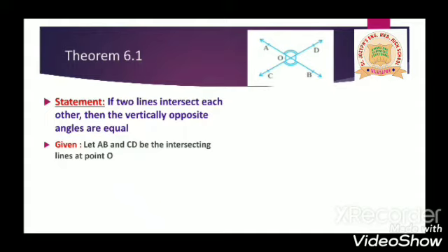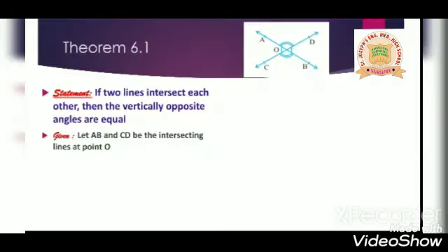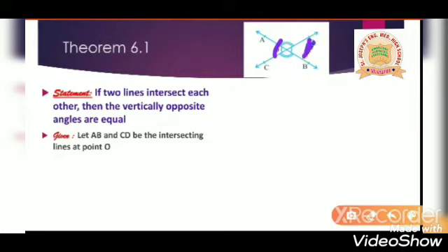So first we are assuming that AB and CD are intersecting lines at point O. If you just see, the AB line is there and the CD line is there, they are intersecting at point O. Now this we know. So what are the things we are going to prove? We are going to prove that angle AOC is equal to angle BOD, or angle AOD is equal to angle BOC.